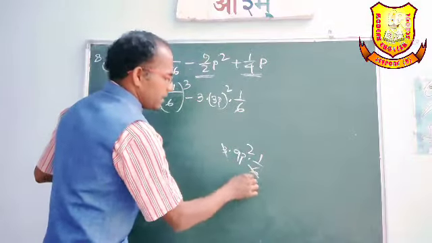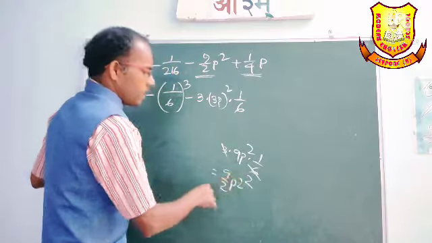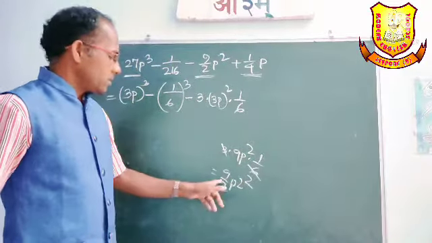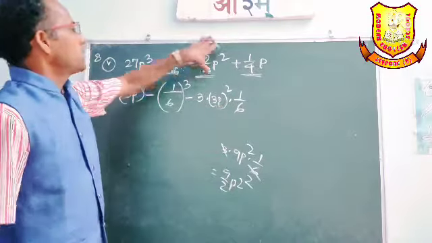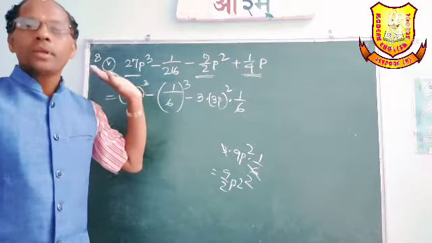Does it give 9 by 2 p square? Just check. 3 times 9p square times 1 by 6: 3 by 6 is 1 by 2, so this equals 9 by 2 p square. So 3a square b equals 9 by 2 p square. This one equals this one, so the 3a square b form is written.